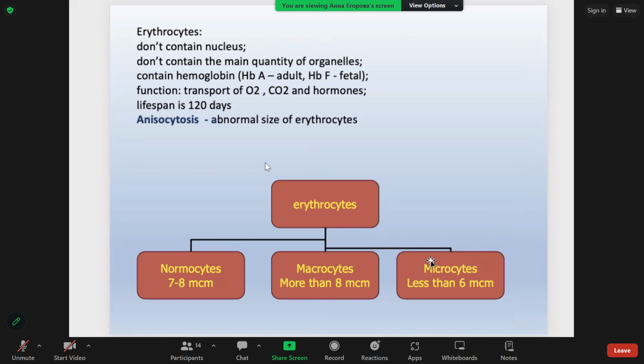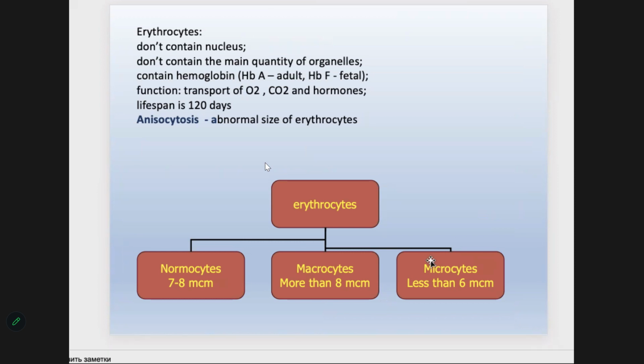And microcytes, diameter less than 6 micrometers. A change in the size of erythrocytes occurs in diseases and is named anisocytosis. Anisocytosis is abnormal size of erythrocytes.